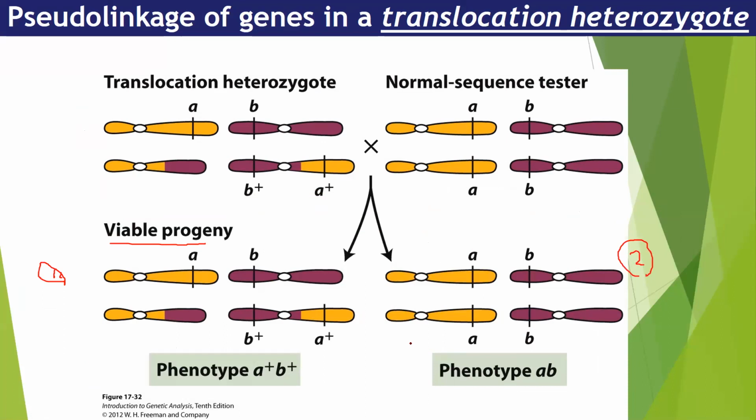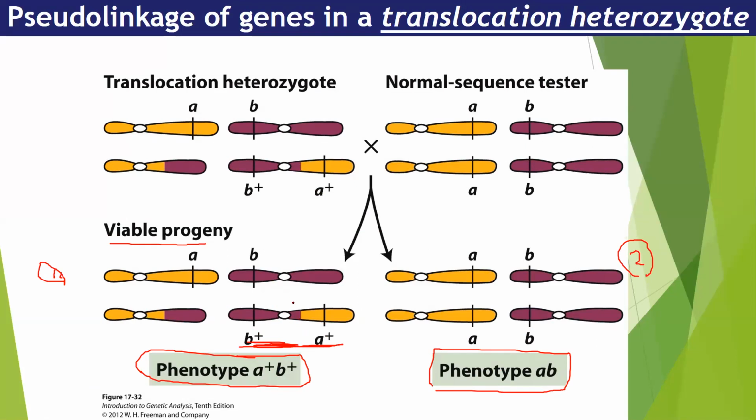What we see is that we always see parental types, right? Either the mutant type or the wild type, and these two dominant wild type alleles always come together because they are on the same chromosome due to the translocation.